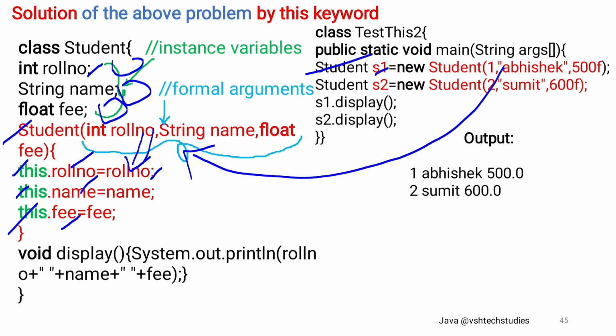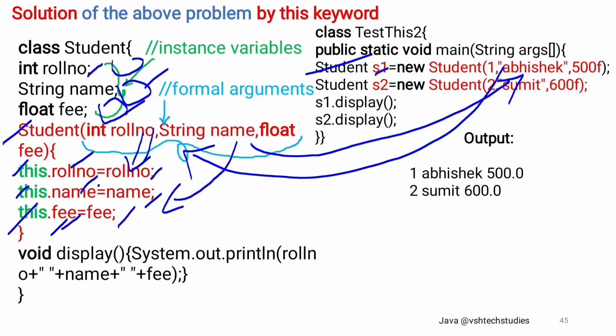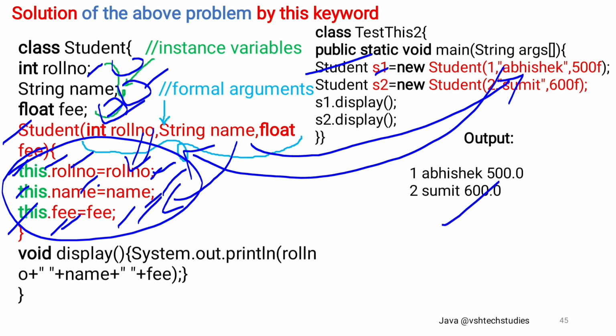This name means this one, equal to the name coming from the main program. Similarly the third data field, this fee means this one. Now the instruction is very clear: this means the current object's data field, and these mean formal parameters coming from the main program. Hence this program will get executed without any error and we get the output.